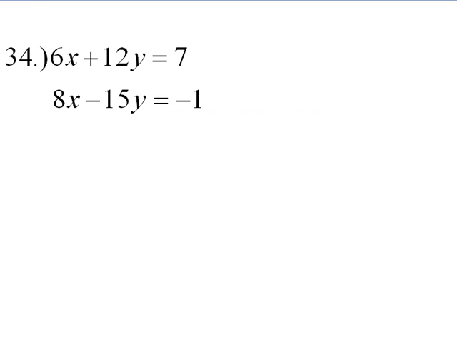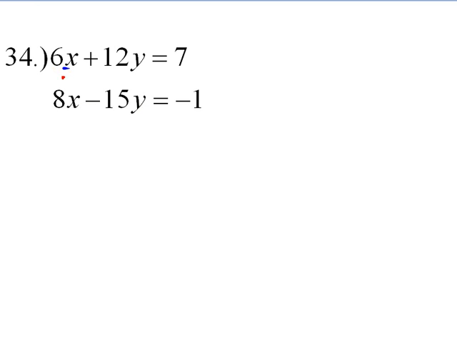Okay, we're not done yet. We're going to get a little more complicated, but use the same theory. Now we have a 6x and an 8x, and a 12y and a 15y. Neither one is very simple to eliminate. So what we have to do is multiply both equations by a constant in order to get them to drop out.